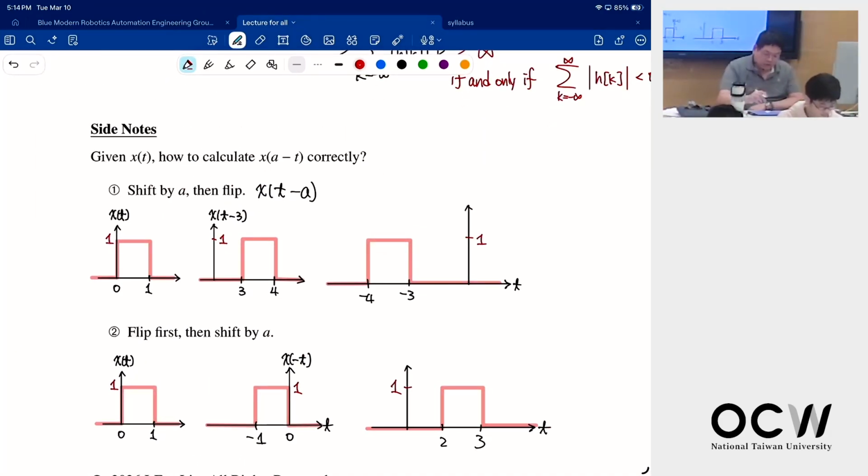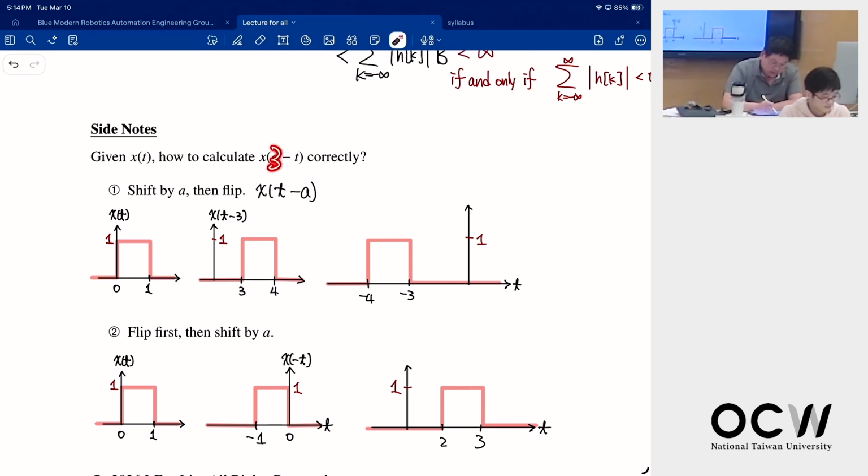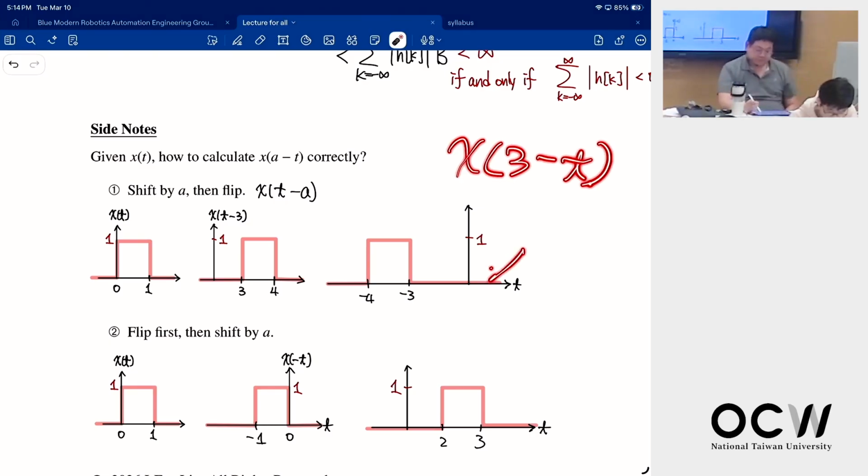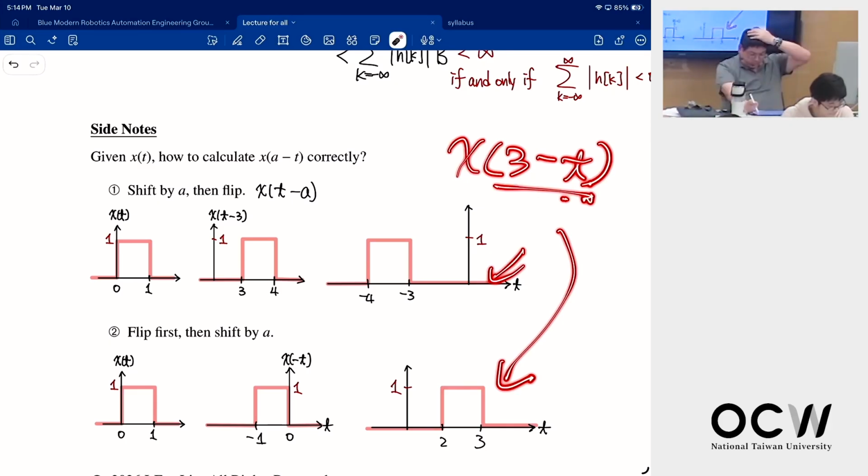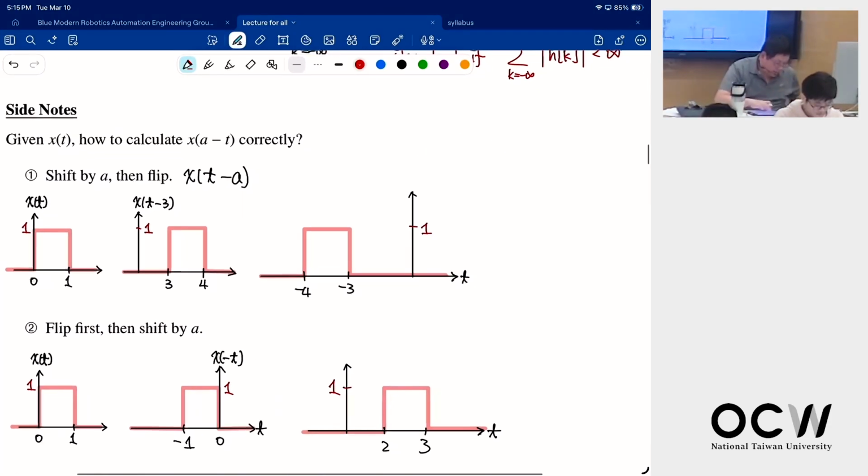Okay, so now let's see. Suppose this is 3. 3 minus t: which one is x of 3 minus t? This one or this one? When t equals 0, I have x of 3, nothing. When t equals 3, x of 0. Which one? The first.